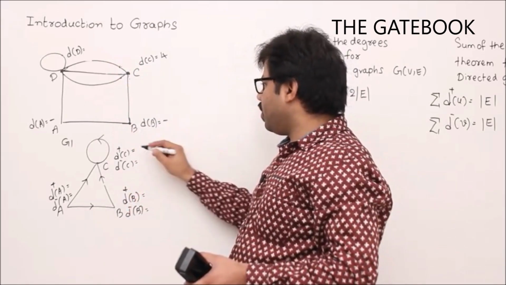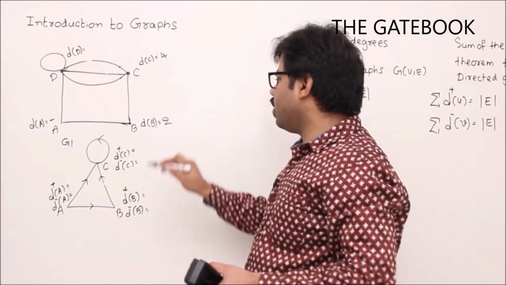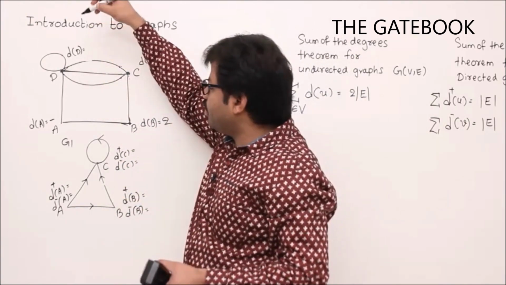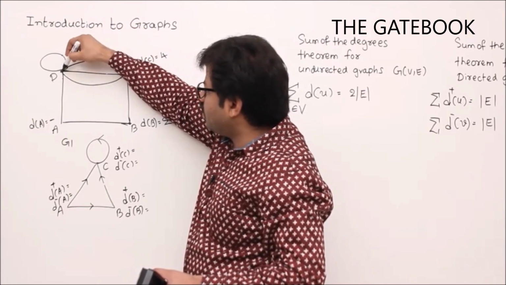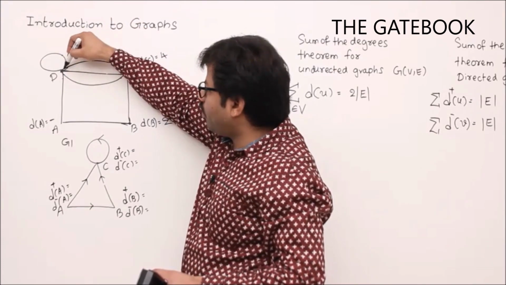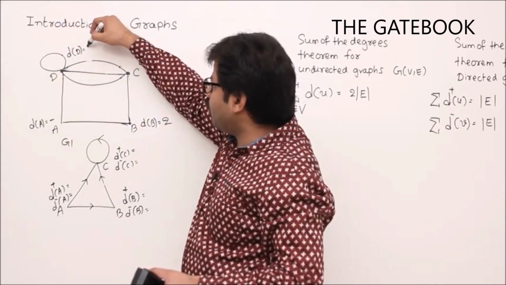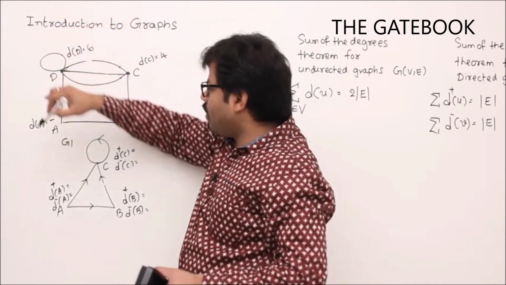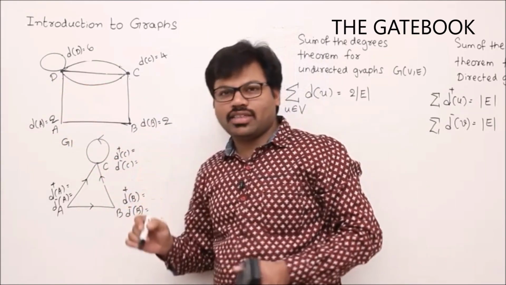Now degree of B: number of edges incident on this vertex, 2, okay. Now degree of D: 1, 2, 3, 4, 4 edges are incident on D. Apart from that, the self loop. A self loop is counted twice, right? That's why 4 plus 2, 6. So degree of A, 2 as usual. Okay, so this is about calculations in this one.